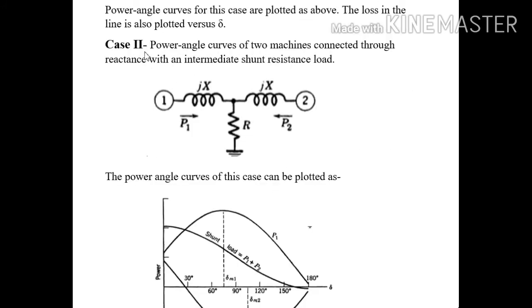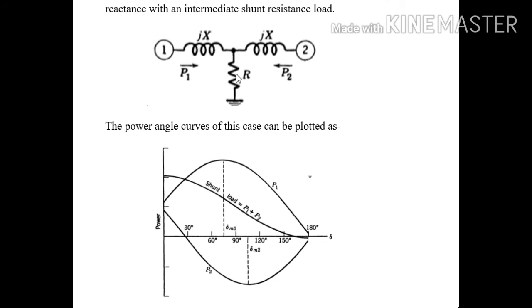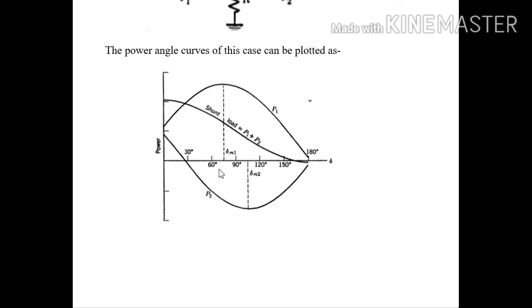Now let us consider case 2, that is the power angle curves of two machines connected through reactance with an intermediate shunt resistance load, that is the type of negative resistance. Okay, as shown here, right? So the power angle curves of this case can be plotted as shown in this diagram. This is P1, obviously for the generator side, and this is P2 for the motor side.